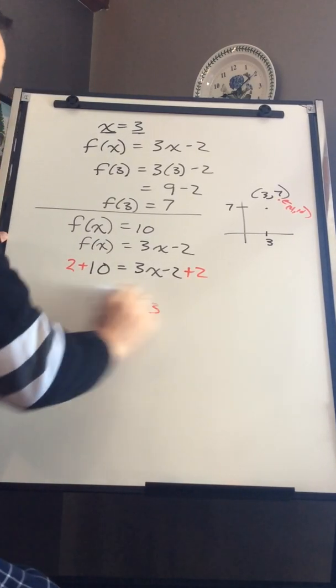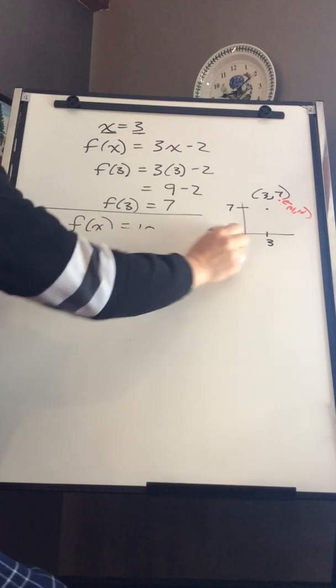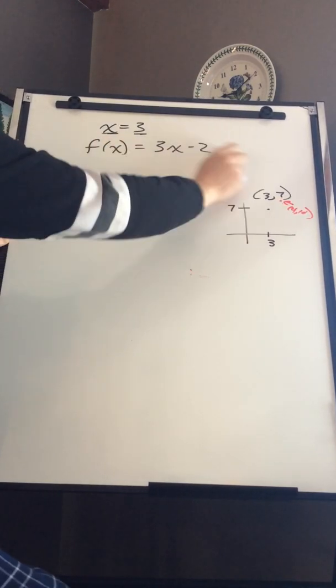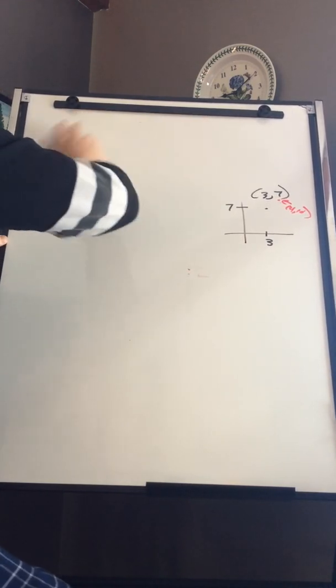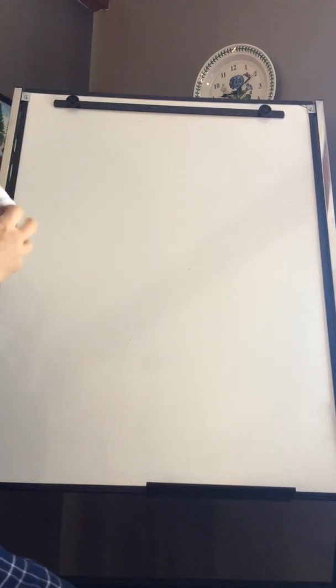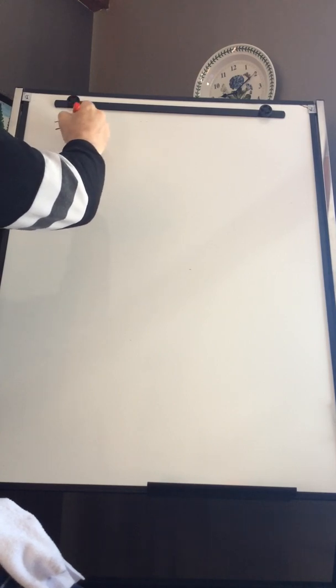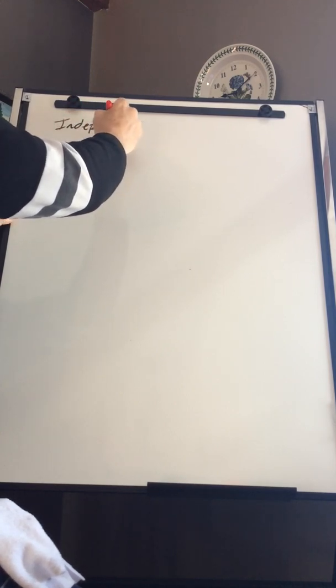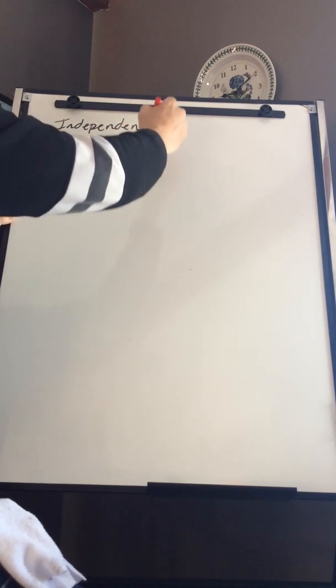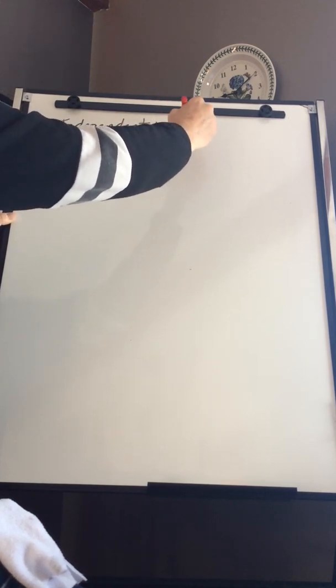Now, the other things that have come up are continuous and discrete, independent and dependent. So, hold that here. Independent is my domain.